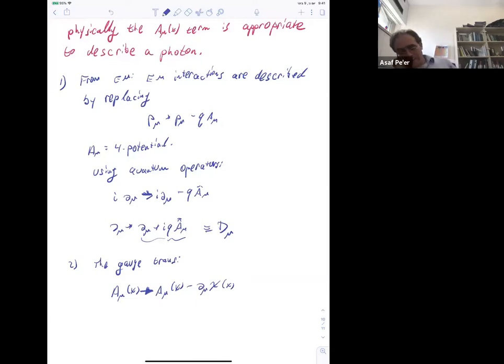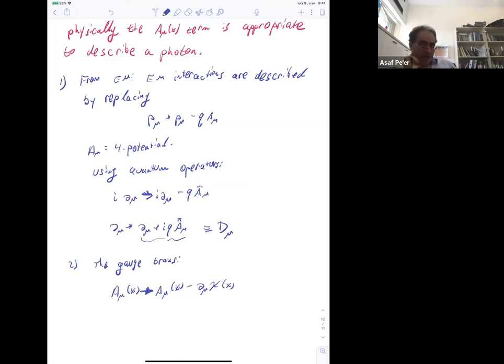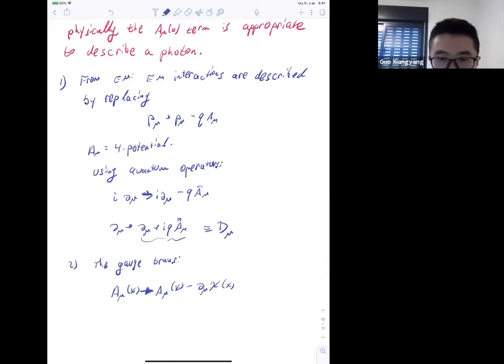That is a transformation of Maxwell's equations, which are invariant under it. When we make this transformation from A mu, when A mu is considered as the four-potential of the electromagnetic field, the Maxwell equations remain the same. This is the same gauge that you learn in electromagnetism.